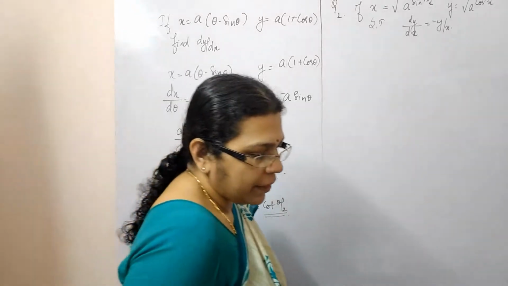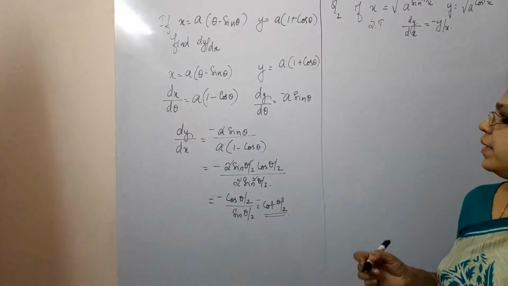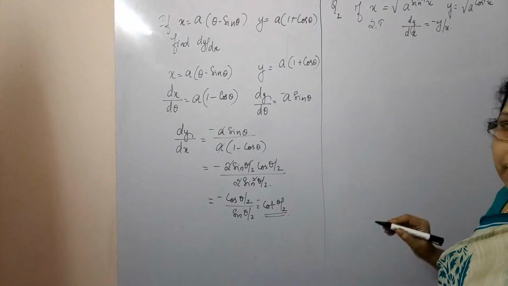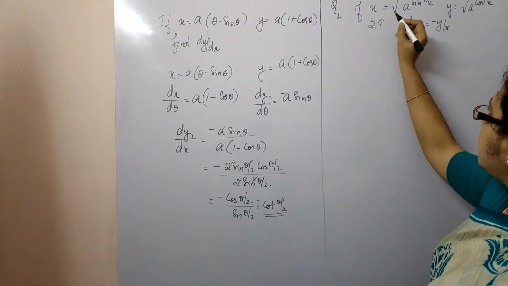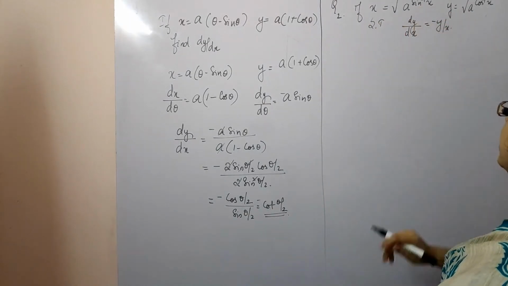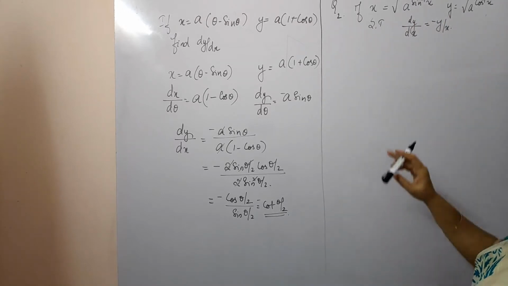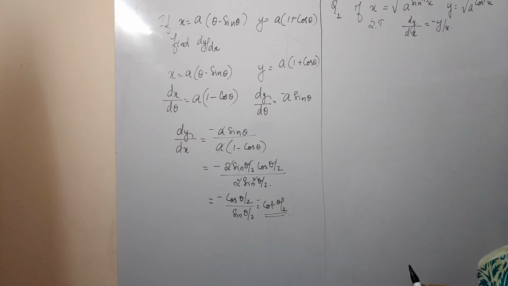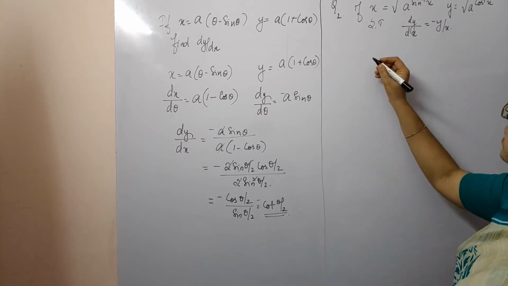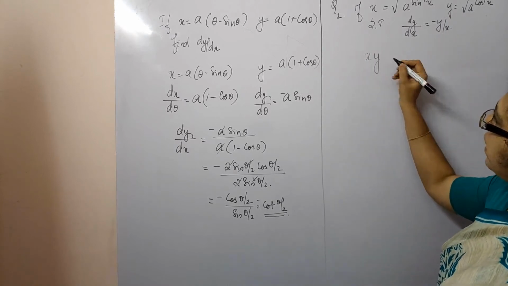Okay. Next we come to the next question. If x is equal to root of a raised to sin inverse of x and y is equal to root of a raised to cos inverse of x, show that dy by dx is equal to minus y by x. So let's see. I simply multiply x into y.